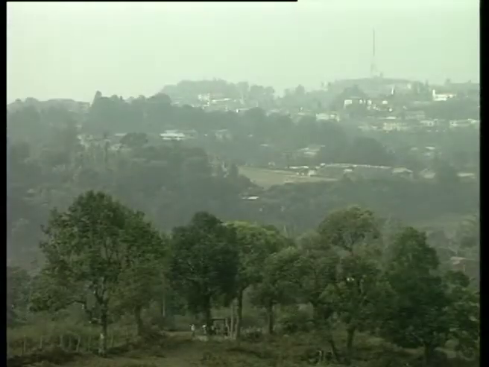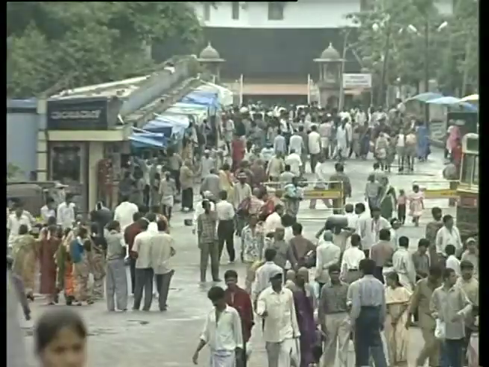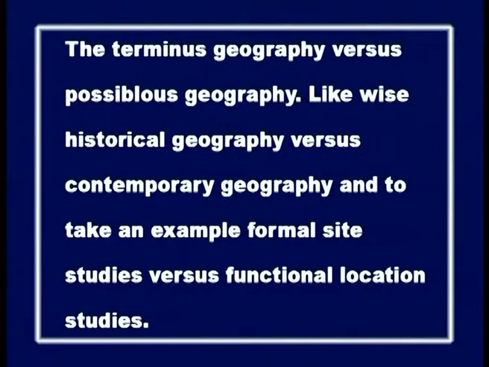And as we have already seen, there is physical geography versus human geography, determinist geography versus possibilist geography. Likewise, historical geography versus contemporary geography, and to take a micro example, formal site studies versus functional location studies.